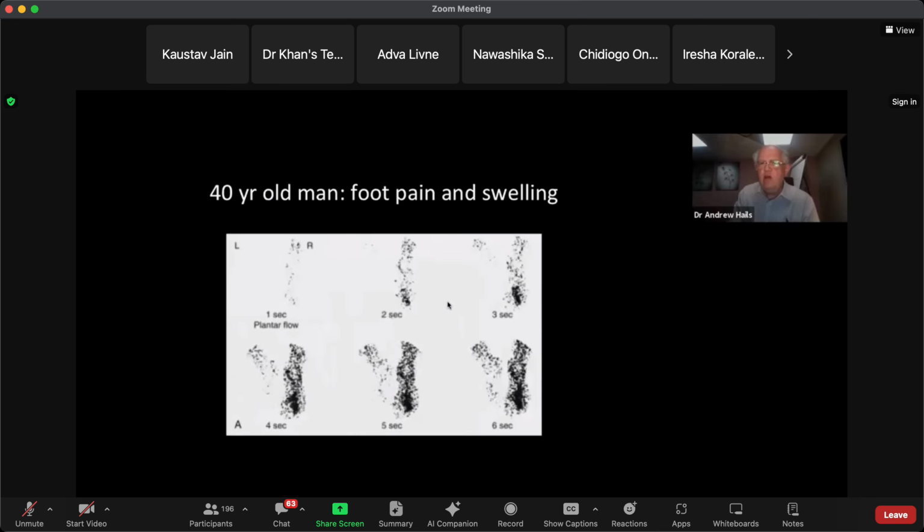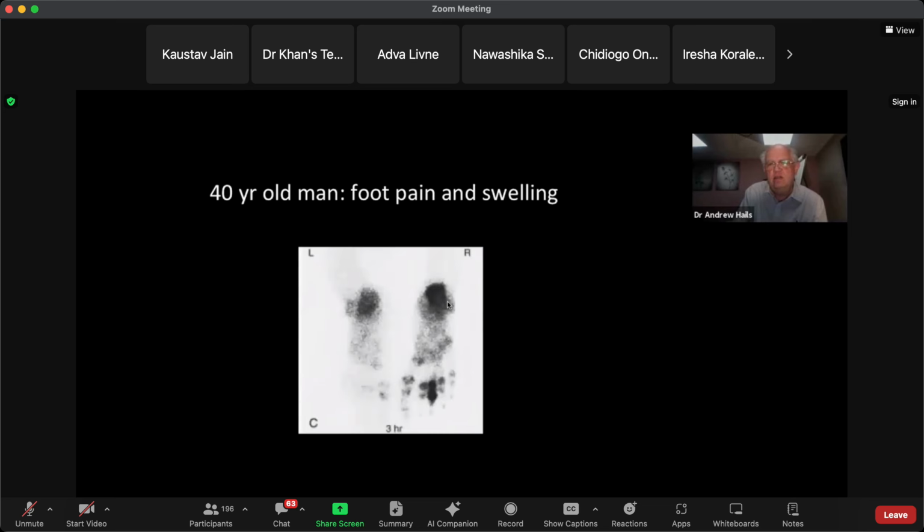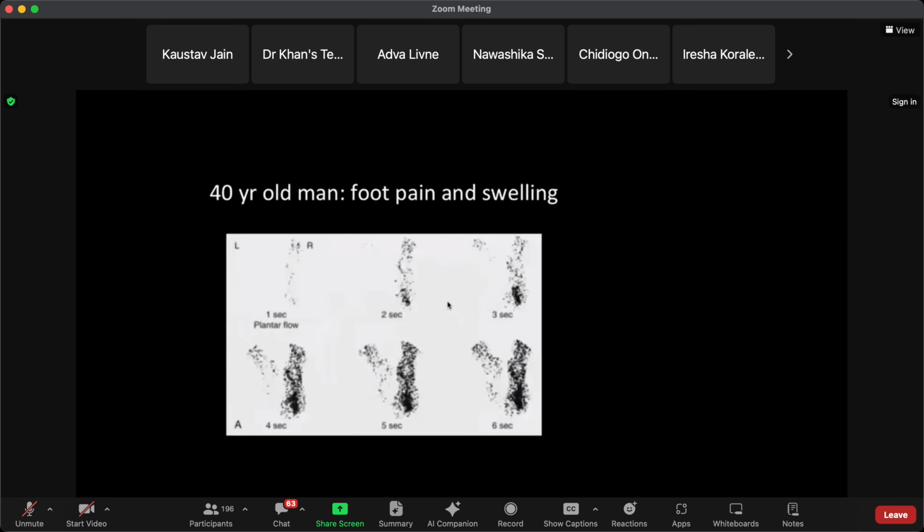Looking at these sets of images, which is the abnormal side? I think on this image, one side obviously has a much more significant uptake compared to the other, so I think it's the right side which is abnormal.